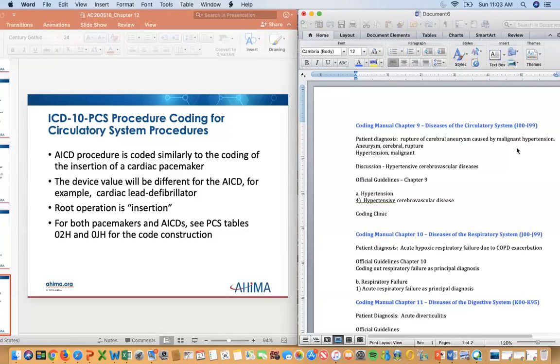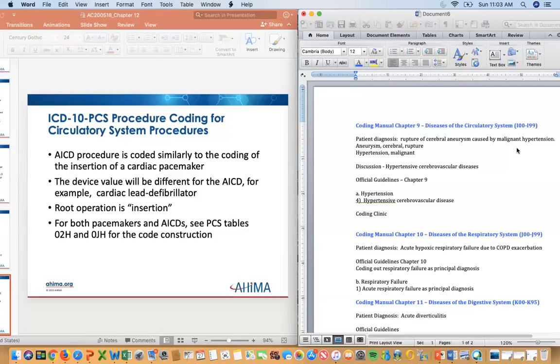Underneath that, we have subarachnoid hemorrhage, etc. And it excludes a berry aneurysm, which is not included. So this subcategory also has the MCC, meaning it can be a complication of a principal diagnosis also, and can keep the patient in the hospital longer.